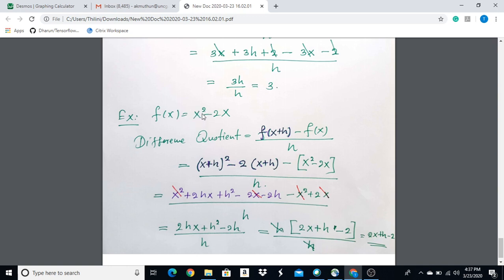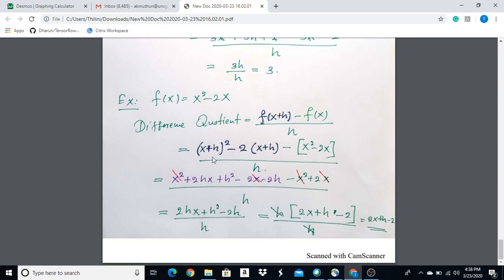This function is x squared minus 2x. So this is x plus h to the power 2 minus 2 times x plus h. And then the second part, minus f of x, which is x squared minus 2x, the same thing, divided by h.